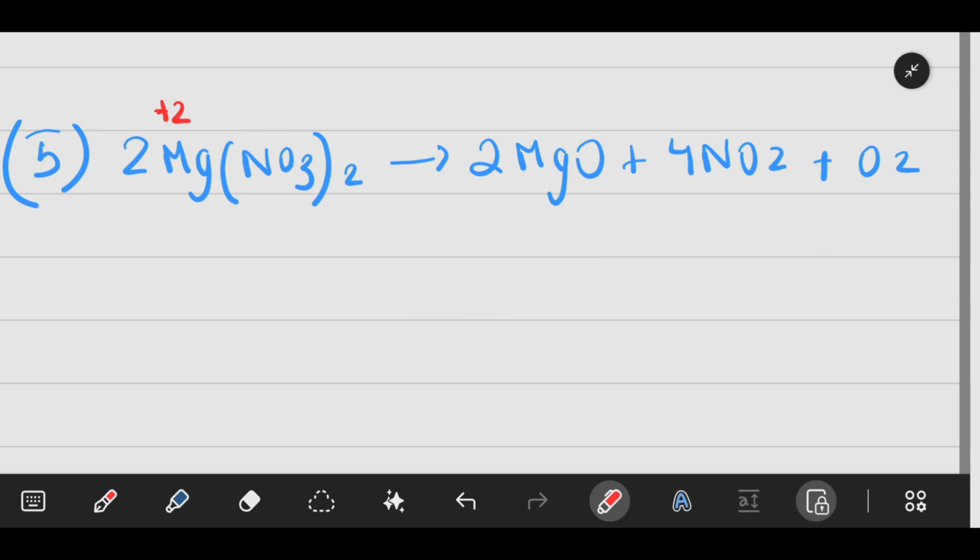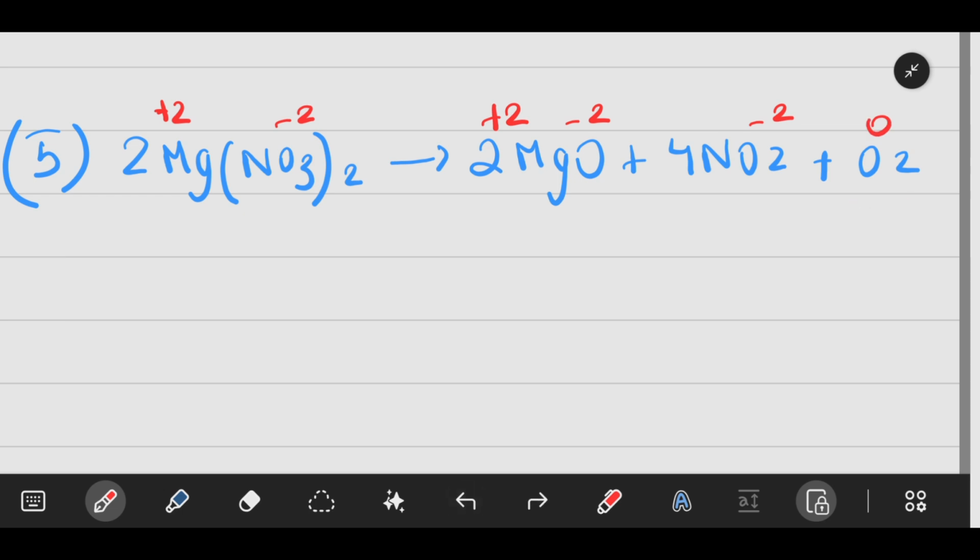Because of this, I will need to work out NO3 separately. So magnesium will be plus 2, oxygen will be minus 2, and oxygen will be minus 2. And it will be 0 because it's an element.